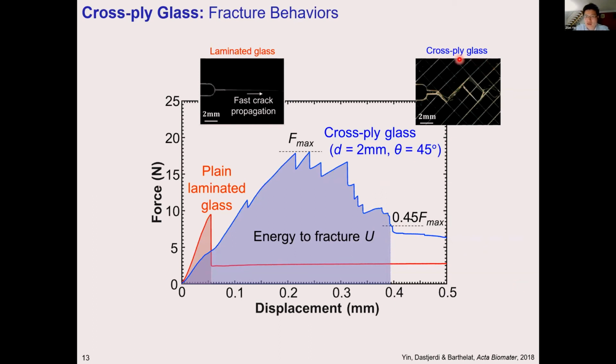But at this point, all the architectures are already damaged, so we assume there's no need to continue. When all the architecture is damaged and there's no recovery, we assume that the architecture failed. Then we compute the energy before that point, and use this as the work of fracture divided by the fracture area.